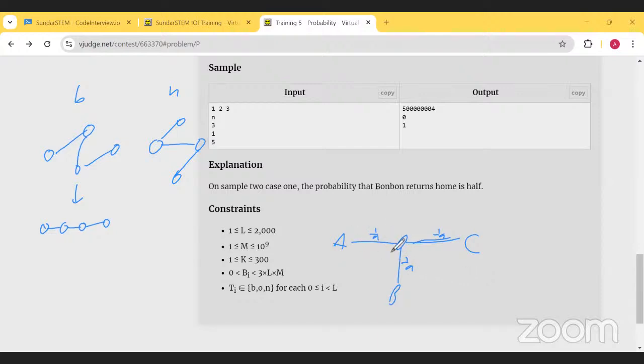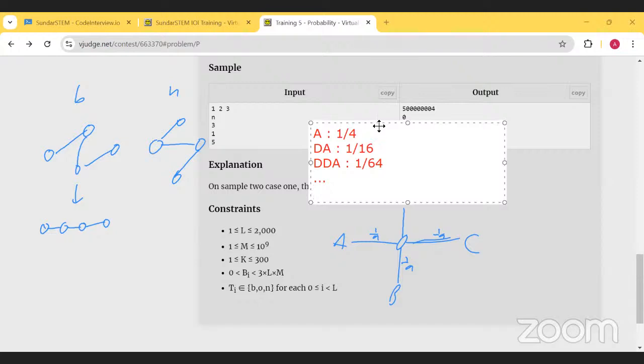The probability of A is just like this. Let's say this is the dead end. It is allowed to go to A directly, and then the probability will be just 1 divided by 4. Or we go to the D first and then A, and the probability will be 1 divided by 16. Or D and then D again and then A, and the probability will be 1 divided by 64 and so on.